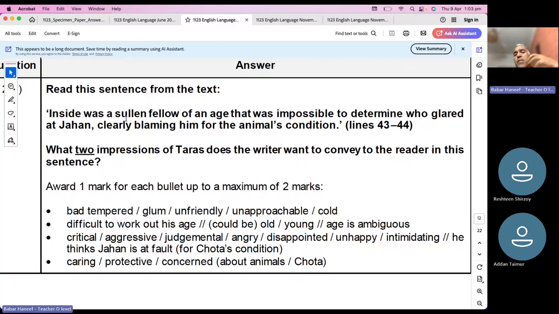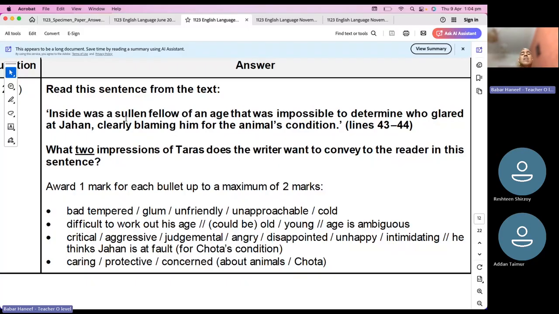Sullen, we always refer to someone wild, someone who is very much unfriendly, or maybe bad tempered. So one image being created is that he's a very unfriendly or wild fellow that we're looking at. Clearly blaming him for the animal's condition, who glared at Jahan, clearly blaming him for the animal's condition.